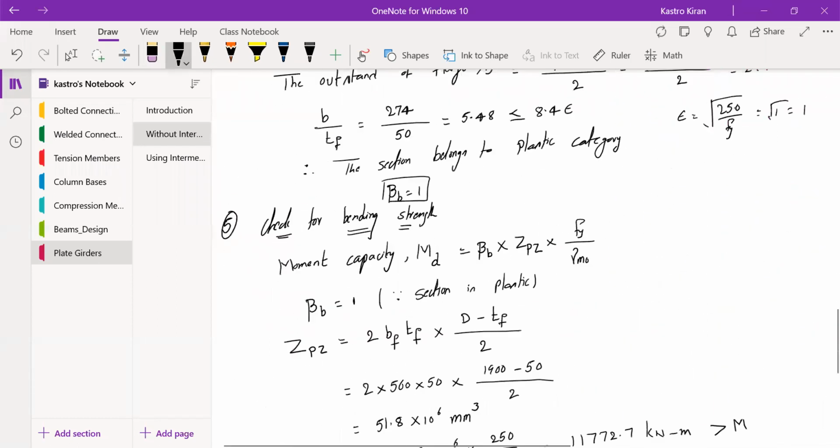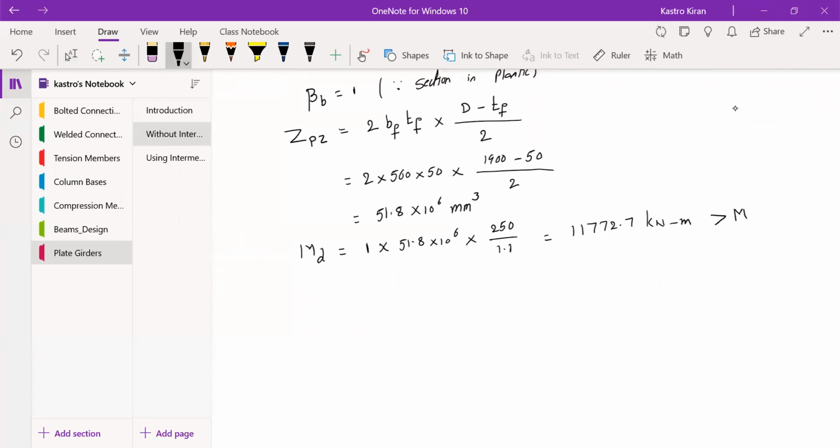So let's see whether it is greater or lesser. The value 11772 is greater than 11448 kilonewton meter. So therefore it is considered safe. The selected plate girder is safe in bending.